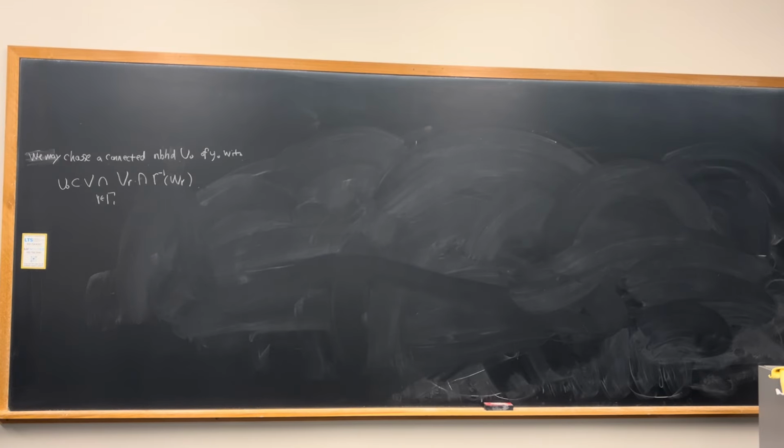Okay, so let's see whether this is true. So we may choose a connected neighborhood U naught of y naught with U naught contained in V. So this V is what?